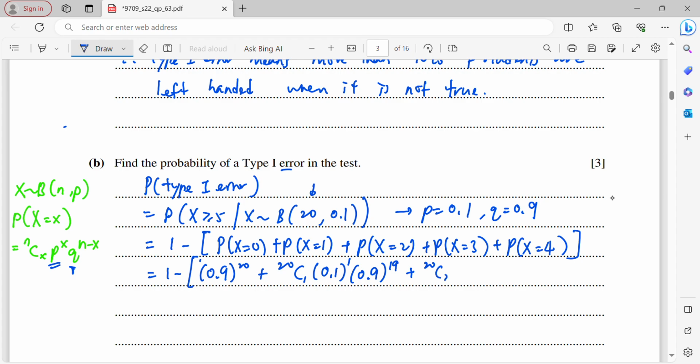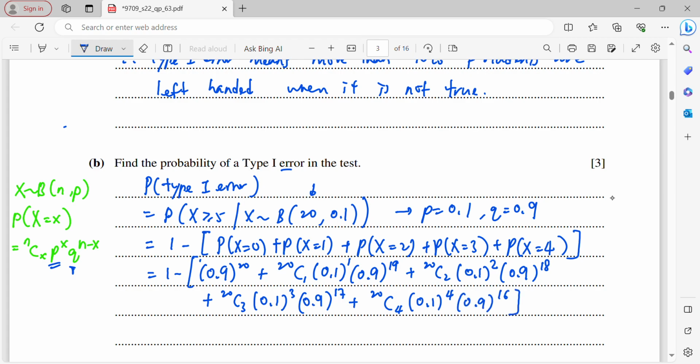Plus 20C2, 0.1 squared, 0.9 to the power 18. Plus 20C3, 0.1 to the power 3, 0.9 to the power 17.